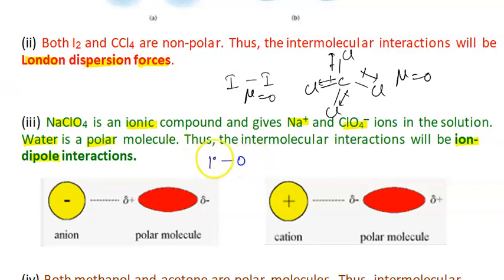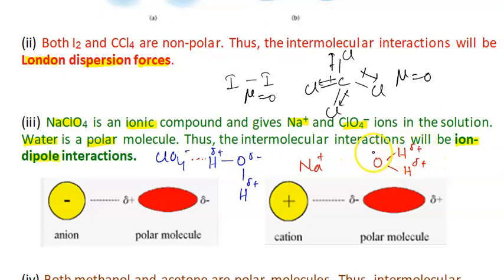There will be attraction between the positive pole of water and the anion. Or sometimes with Na plus, if oxygen is on this side, there will be attraction between the negative pole of the water molecule and the cation. Both these types of attractions are known as ion-dipole attractions. Therefore, between ions and a polar molecule, this type of interaction always occurs.